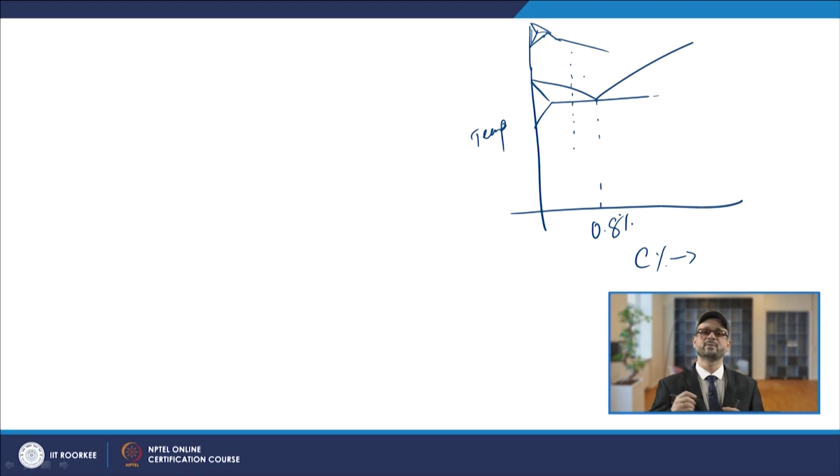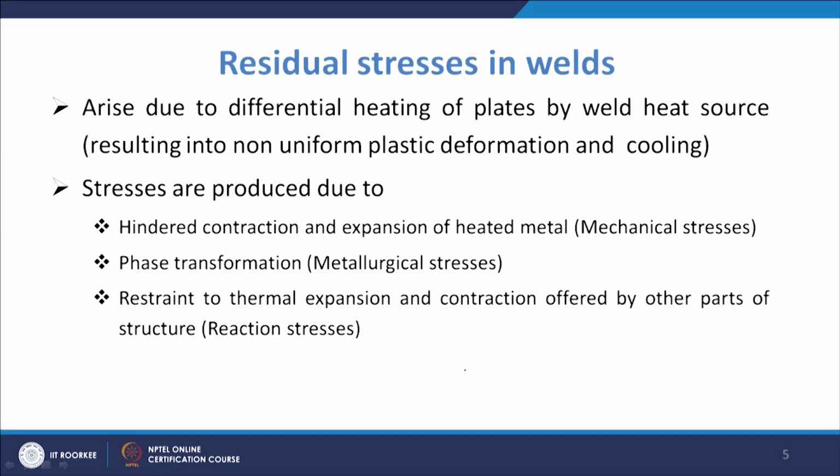Because of these metallurgical transformations, stresses are developed. That is known as the metallurgical stresses, which arise because of the different types of metallurgical or phase transformations.